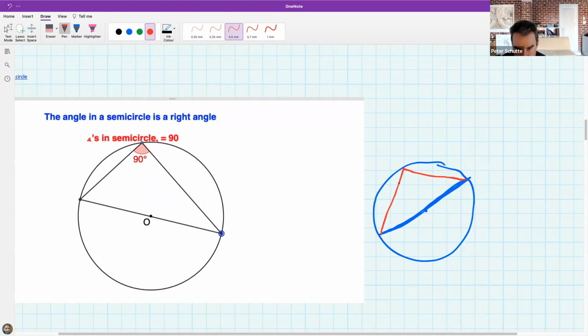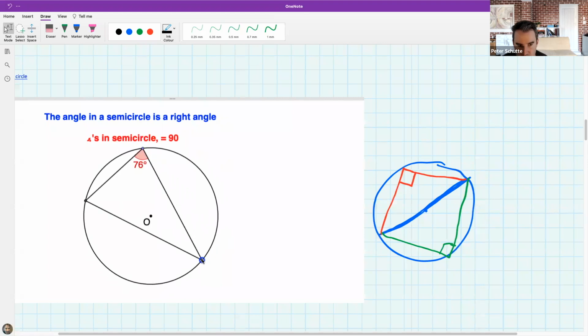And what it's telling me is that that's equal to 90. But for example, if I did this over here, that would also be 90. But the moment it's not a diameter, the moment it's a chord, the angle at the circumference will no longer be 90.